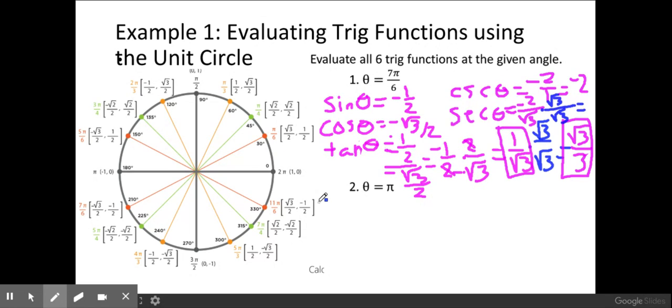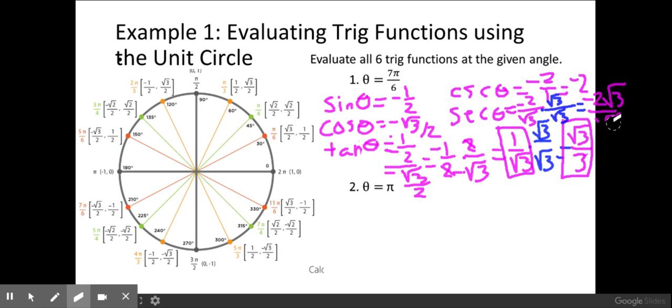And here we get negative 2 times the square root of 3, so negative 2 square root 3 over the square root of 9, which is 3.